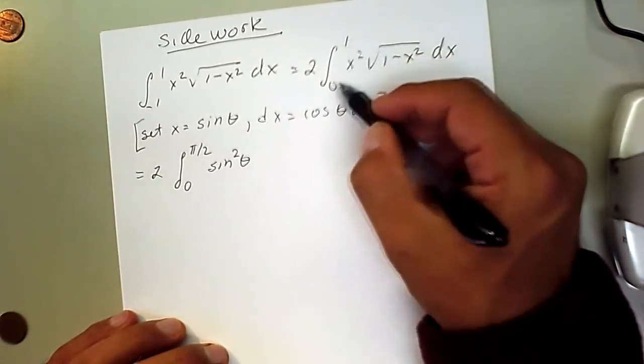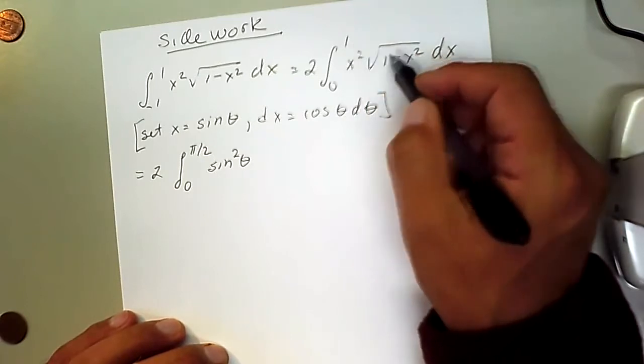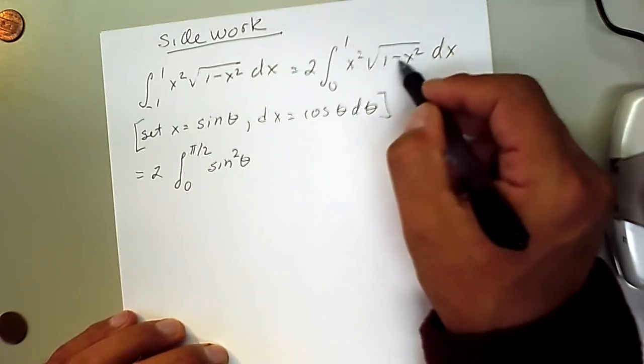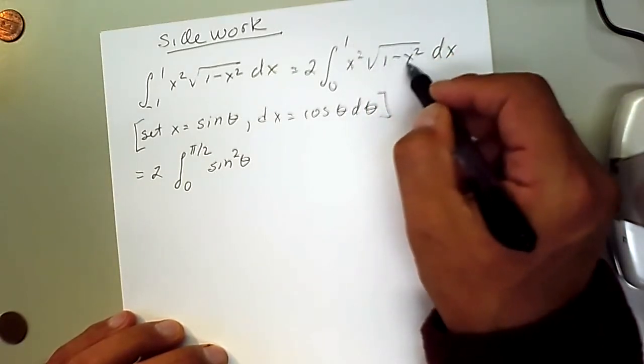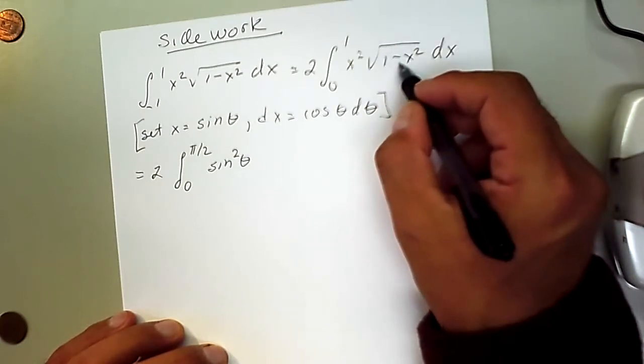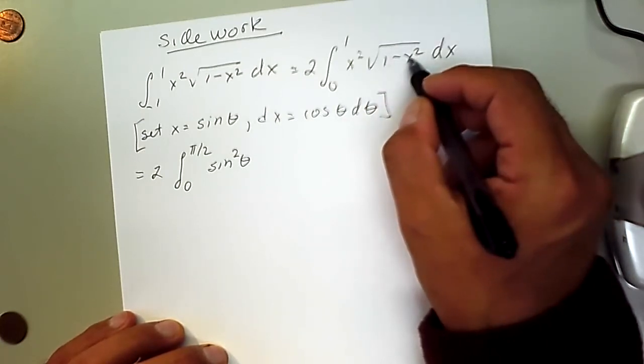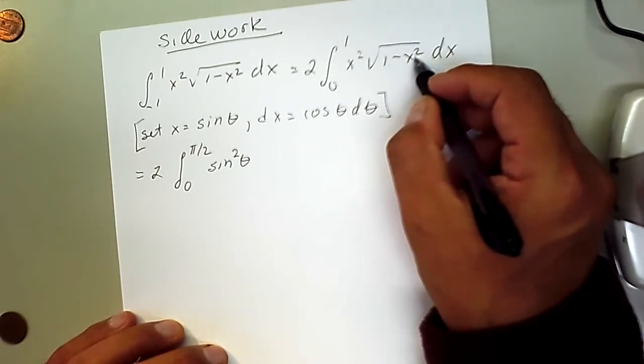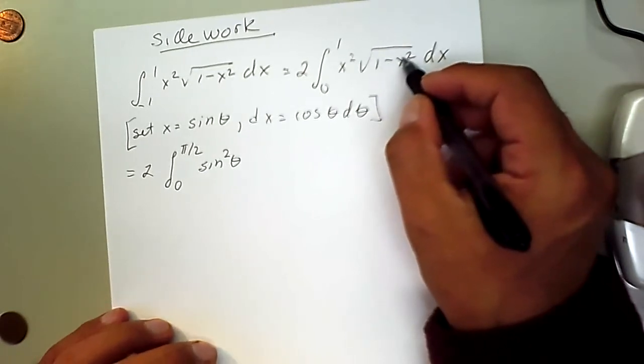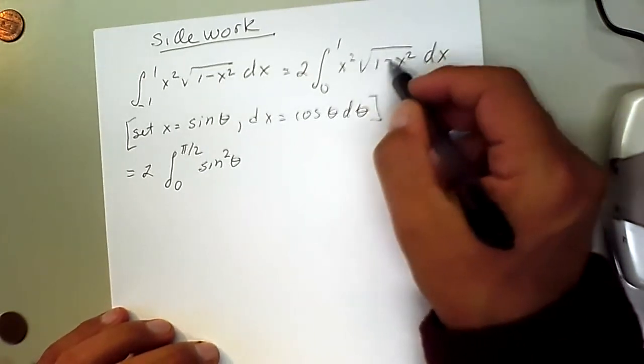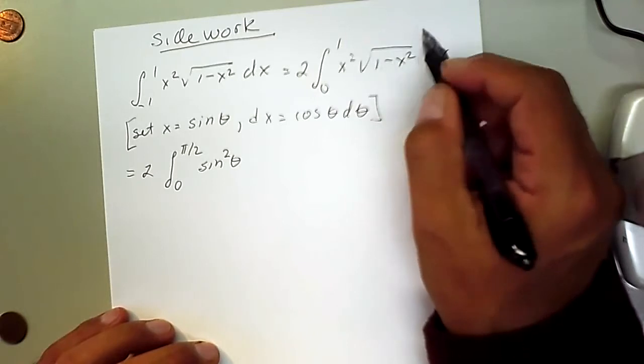But all the numbers that are involved between 0 and 1 are positive. So we know we're going to end up with a positive number. 1 minus sine squared is going to be positive. And so the square root is still going to be a positive number.